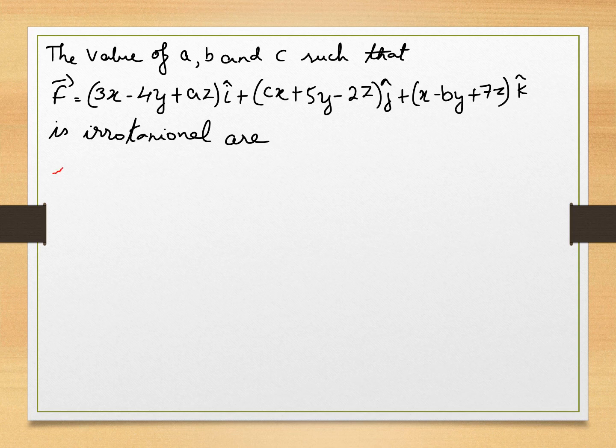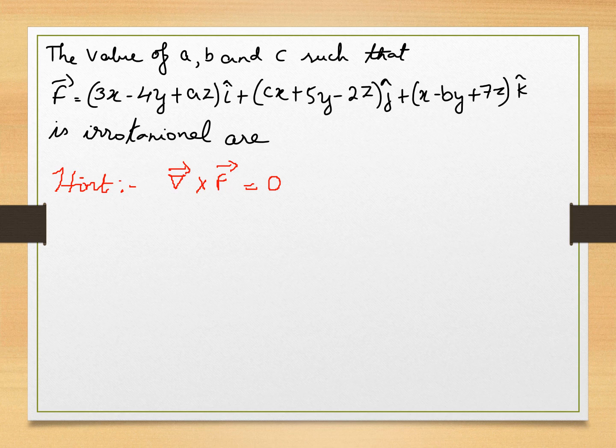The hint is, you have to use the formula del cross f vector, and as it is an irrotational vector, that means del cross f vector should be equal to 0. So find the curl, del cross f, and equate it with 0 to determine a, b and c.